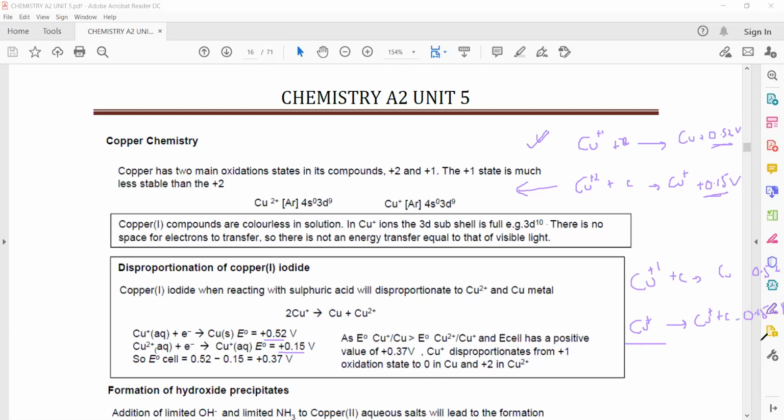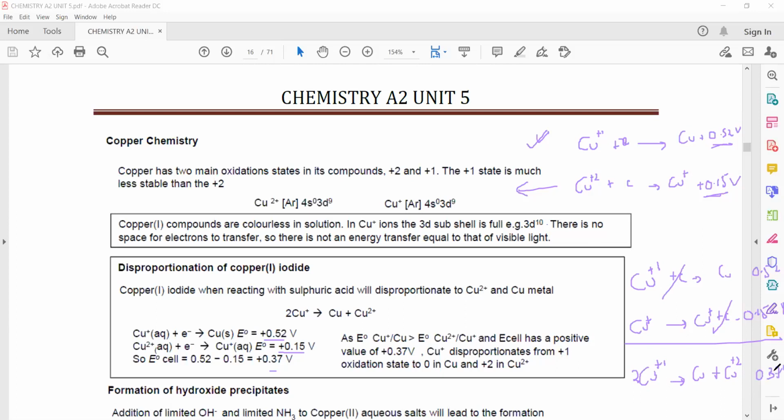Why negative? Because we changed the equation. Electrode potentials are always given for gaining electrons, but in this case, if one substance gains electrons, the other should lose electrons. So when I write the combined equation, the electrons cancel, and it will be two copper 1 ions becoming copper 2 and copper atom, and the electrode potential is 0.52 minus 0.15, which is 0.37.